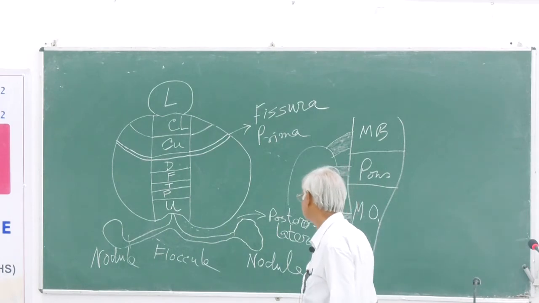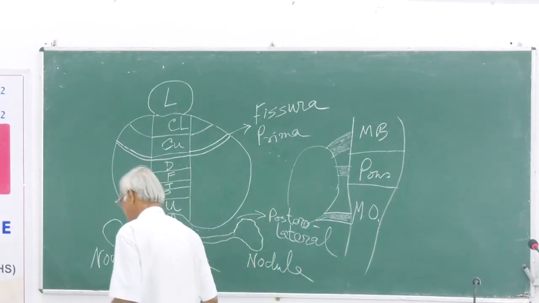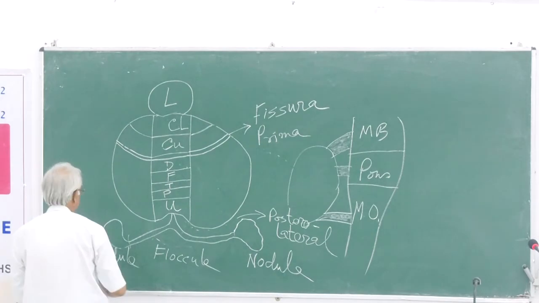Okay, together it is called the flocculonodular lobe.